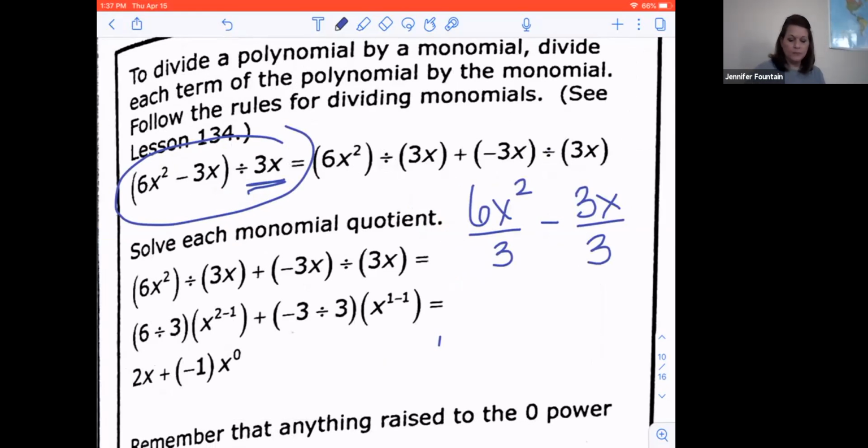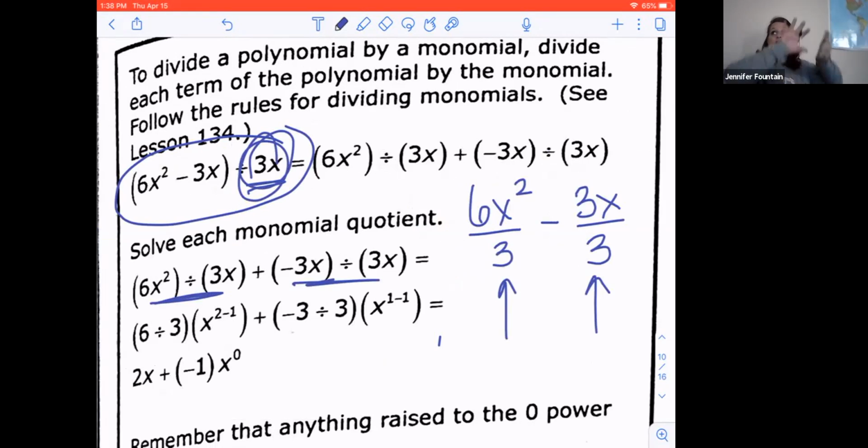Okay, so that's what they've done here, except they drew it out vertically, and I think it's easier to see when you write it vertically. But notice here, I've divided both of them by 3 because that's what I'm dividing by. So I just separate my 2 terms and divide.